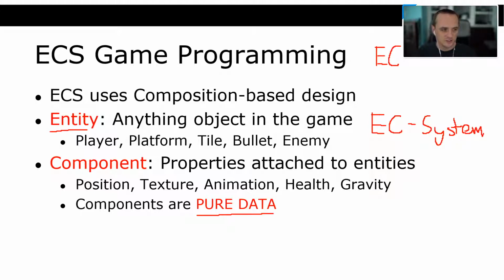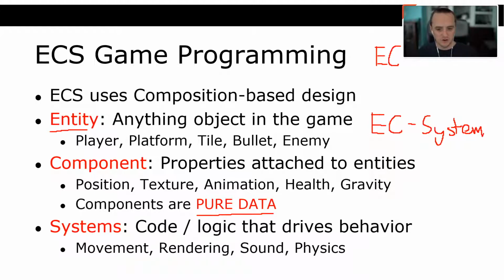Okay, so it's a system that's based around EC, or an architecture that's based around entities and components. That is different than ECS. So in ECS, that is entities, components, and systems. So systems are the code or logic that drives the behavior. In ECS, components are separate from the systems. That's a very important distinction, okay?